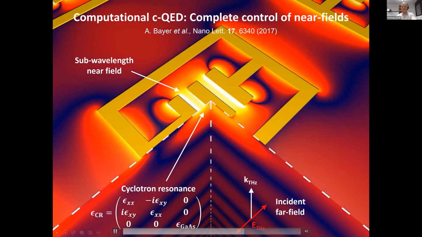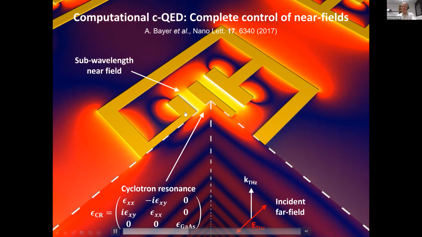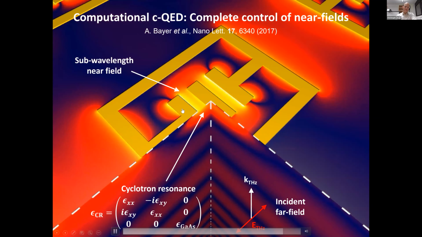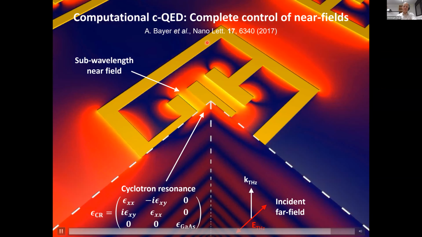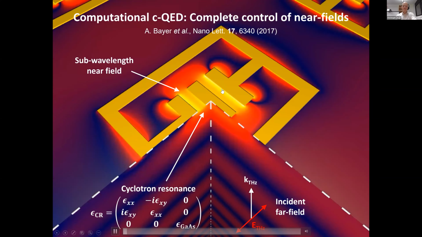The resonator consists of several parts. We have a central part which looks like a capacitor structure and acts just like that. Then we have this path here where electrons in the gold can be accelerated by the incident near field, giving rise to a current.